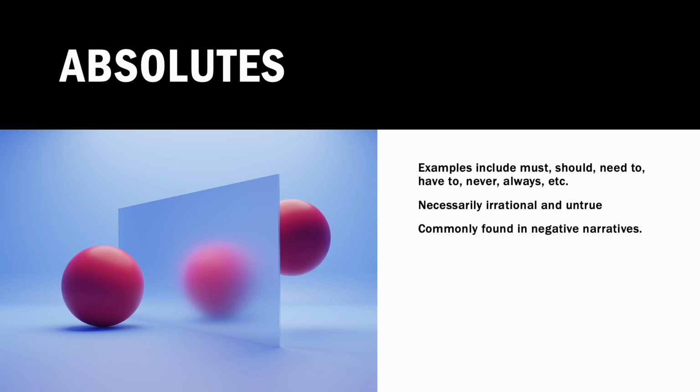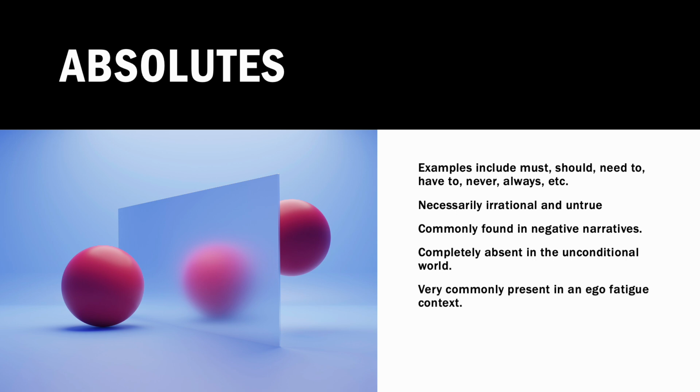They are commonly found in negative narratives, especially when you are disputing an irrational belief. You will find absolute language in your own belief. And you will not find absolutes anywhere in the unconditional world. They are also very commonly present in an ego fatigue context.